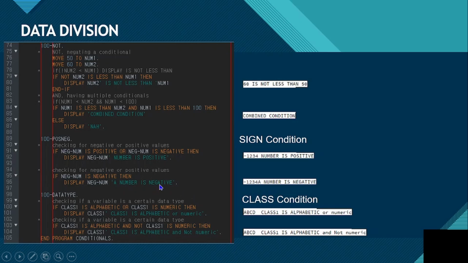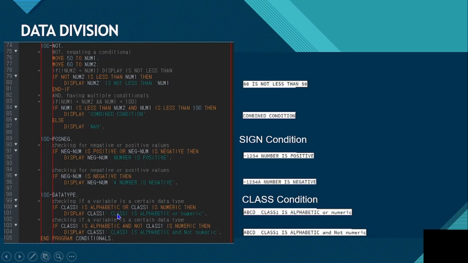So for the class condition, checking if a variable is a certain data type by using alphabetic or numeric. If we use alphabetic, it would check if it is A to Z. If it is numeric, 0 to 9. So if class 1 is A, B, C, D, it would check if it is alphabetic, so true. So it would return it directly, since we are using OR. If the first statement returns true, then we need to display it.